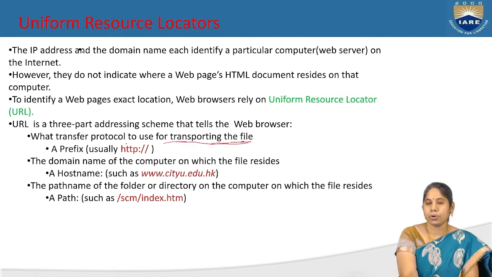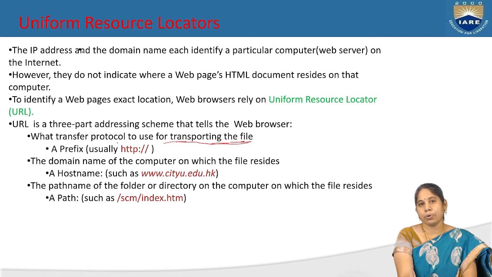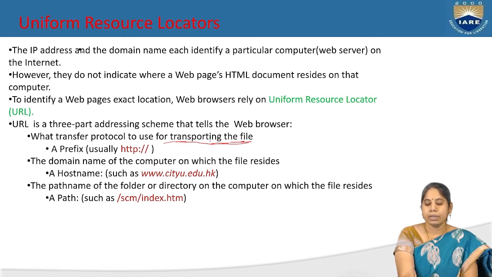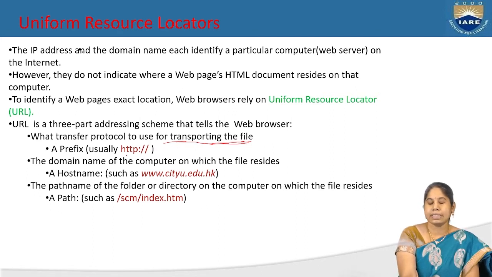Whatever transfer protocol we use, either HTTP or HTTPS, these protocols are used for transporting the file. The prefix is usually HTTP. When we type websites in a browser, before www we have seen HTTP://.